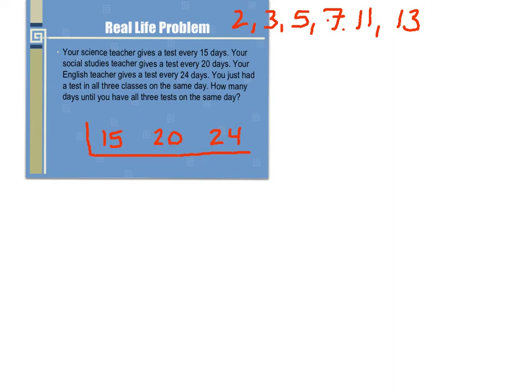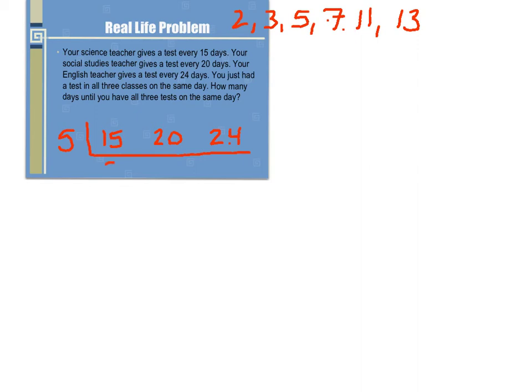Of those numbers that I've listed, there's not going to be a number that can go into all 3 of these numbers. So what I'm going to do is pick 2 of these 3 to work with. First of all, the numbers 15 and 20. This one ends in a 5, this one ends in a 0, so I can use the number 5.